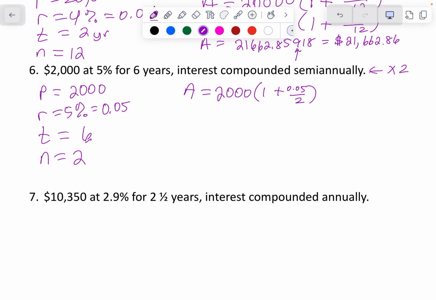And then our power is going to be 6 times 2. I would suggest doing the 6 times 2 first before you do anything else. So we get 2,000 times (1 plus 0.05 divided by 2) to the 12th. So I would suggest just getting that all ready.